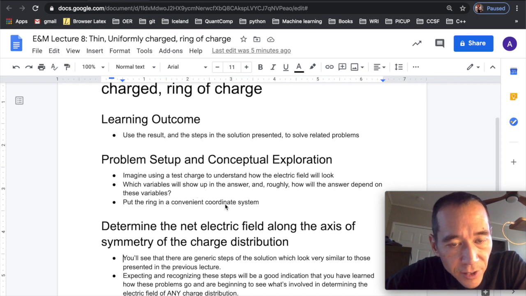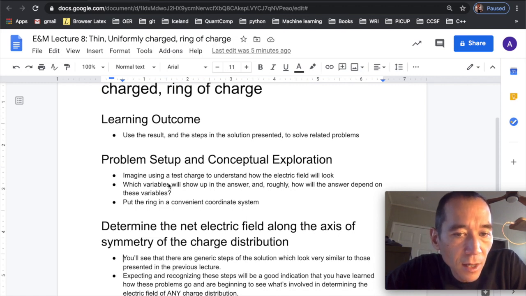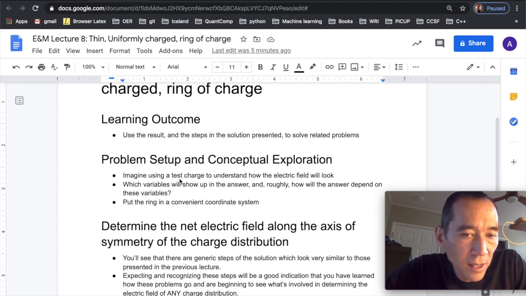The way that I'm going to do this for you, essentially this entire lecture is devoted to solving only one problem, and you'll see the problem that I'm going to solve. So we'll start by setting up the problem, and then conceptually exploring the problem. What I mean by that is we're going to first start with a test charge, and we're going to wander around our charge distribution with the test charge and check the electric field, the direction, as well as the strength.